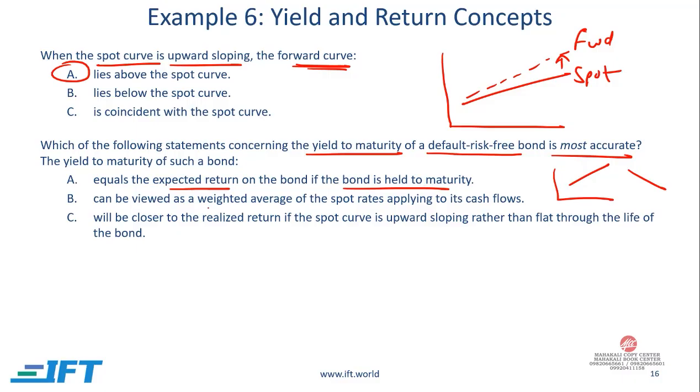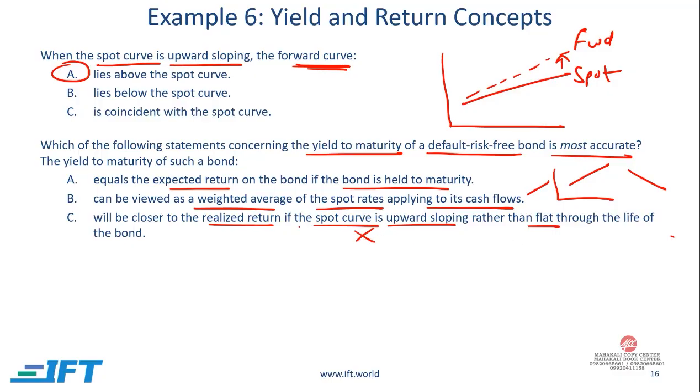The yield to maturity can be viewed as a weighted average of the spot rates applying to its cash flows. So this looks correct. The third option is that the yield to maturity for such a bond will be closer to realized return if the spot curve is upward sloping rather than flat through the life of the bond. So this is not true.